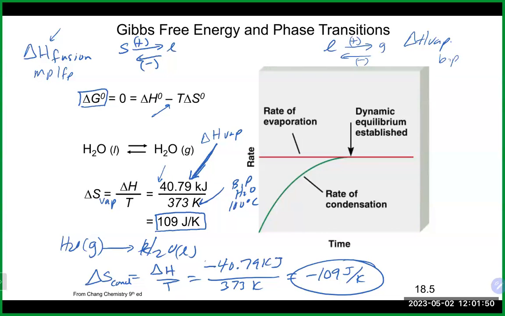This is also the equation where people screw up because they want to put an extra negative in there. This equation is derived from this formula here: delta S is equal to delta H over T, right? And that is the one that you would use for some type of phase change.